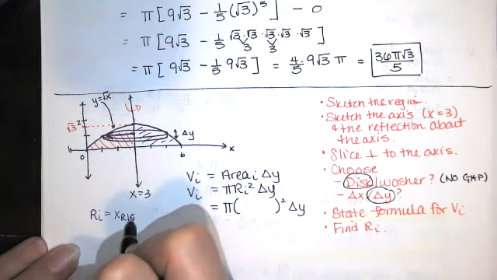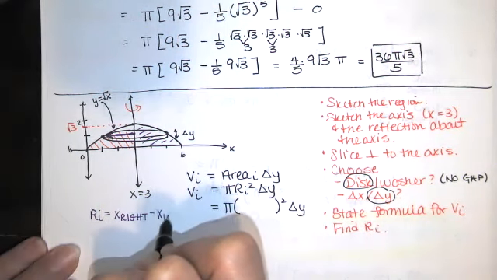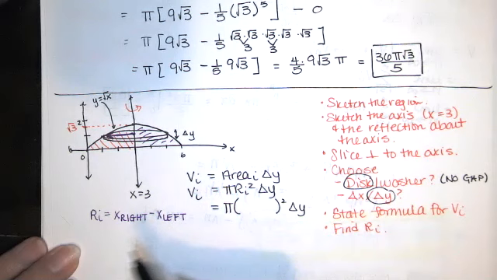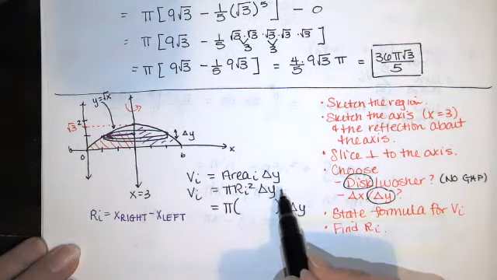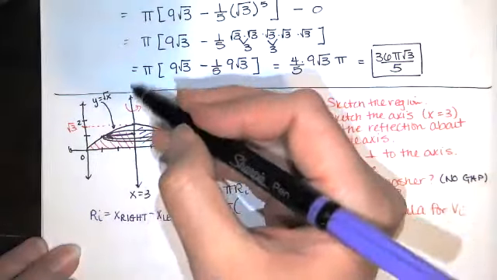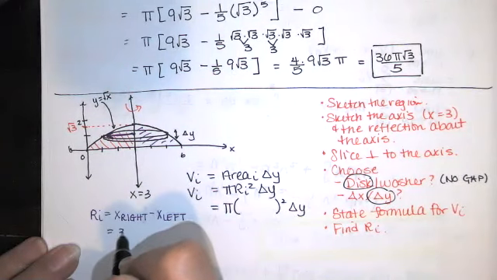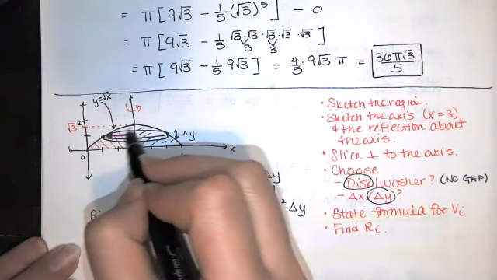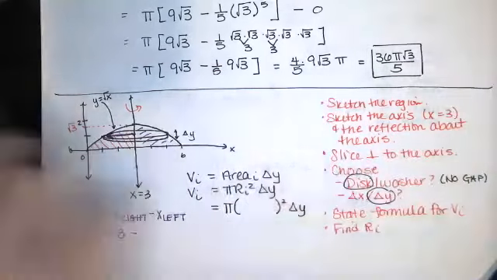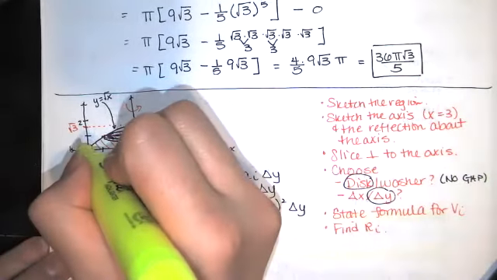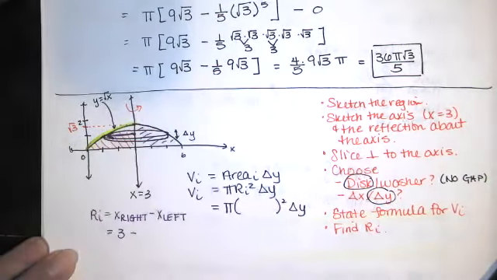So we need our x value on the right minus our x value on the left. And we want those in terms of y. Well, our x value on the right is just 3. And our x value on the left is the x value on this curve. And we already did that on the last problem.